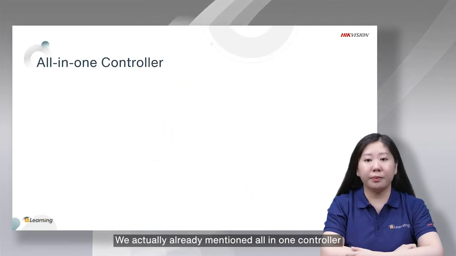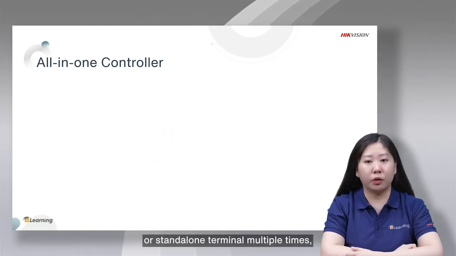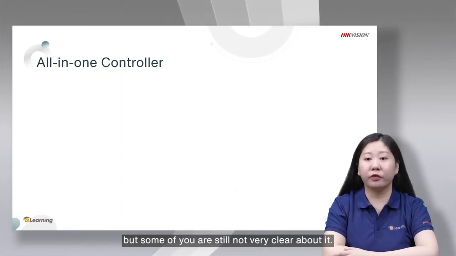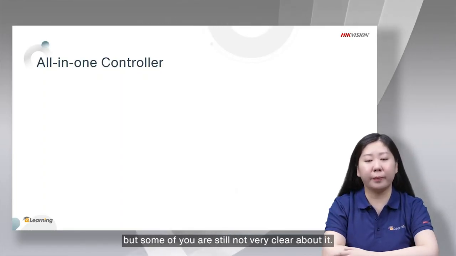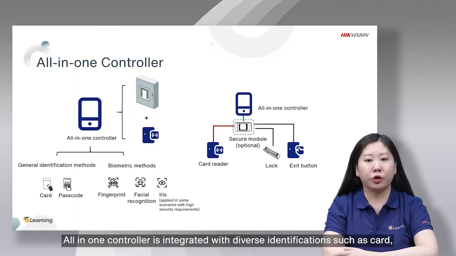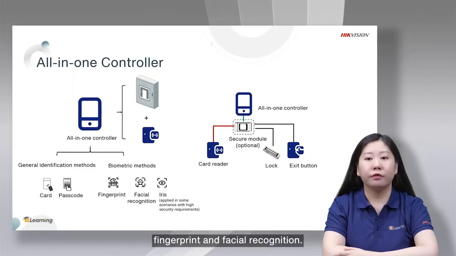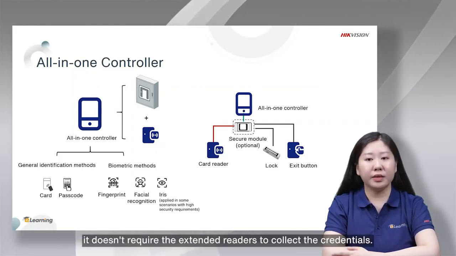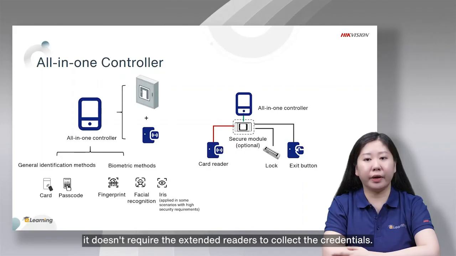We actually already mentioned all-in-one controller or standalone terminal multiple times, but I believe some of you are still not very clear about it. So let's explain that further. All-in-one controller is integrated with diverse identifications such as card, passcode, fingerprint, and facial recognition. In other words, it doesn't require the extended readers to collect the credentials.